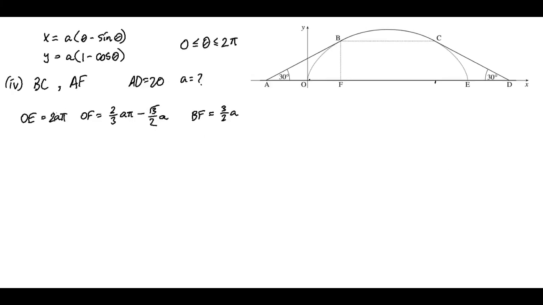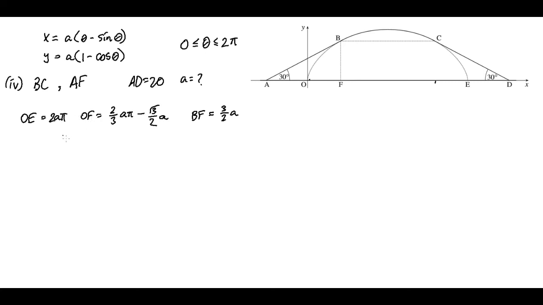Okay, so finally we want to find BC and AF, and also given that AD is 20, find A. And these are all the lengths that were found in our previous parts. So let's take a look.